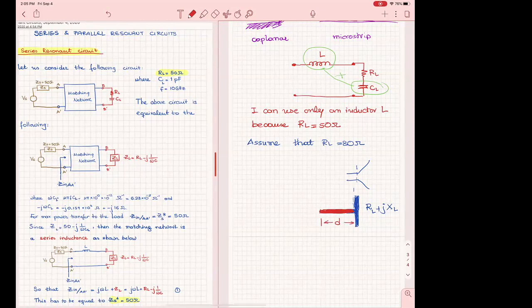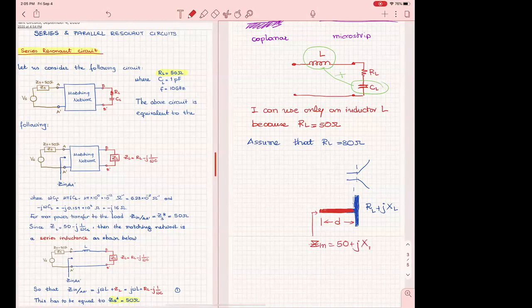And then here, I will put the stub, and I will make sure that I'm finding D. So when I come here, this one is going to be Z in to be 50 plus jX in.